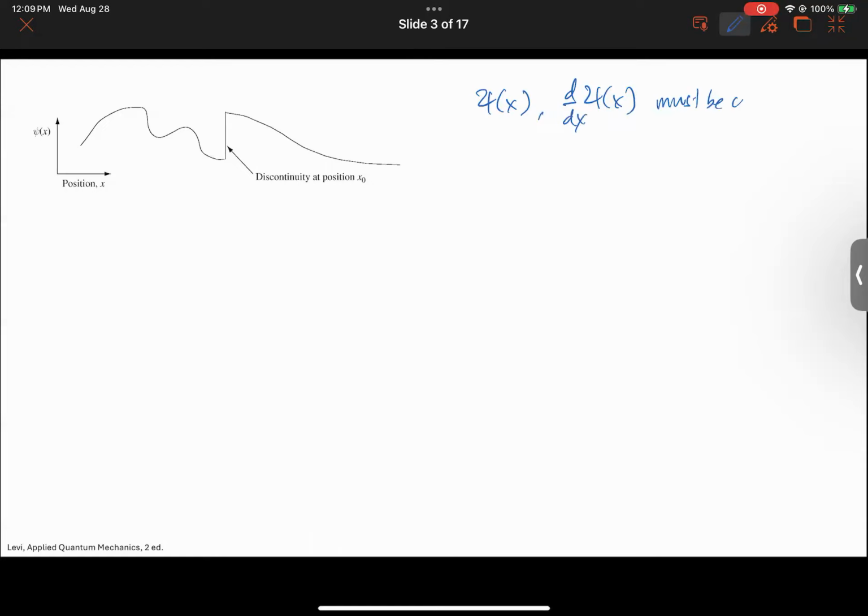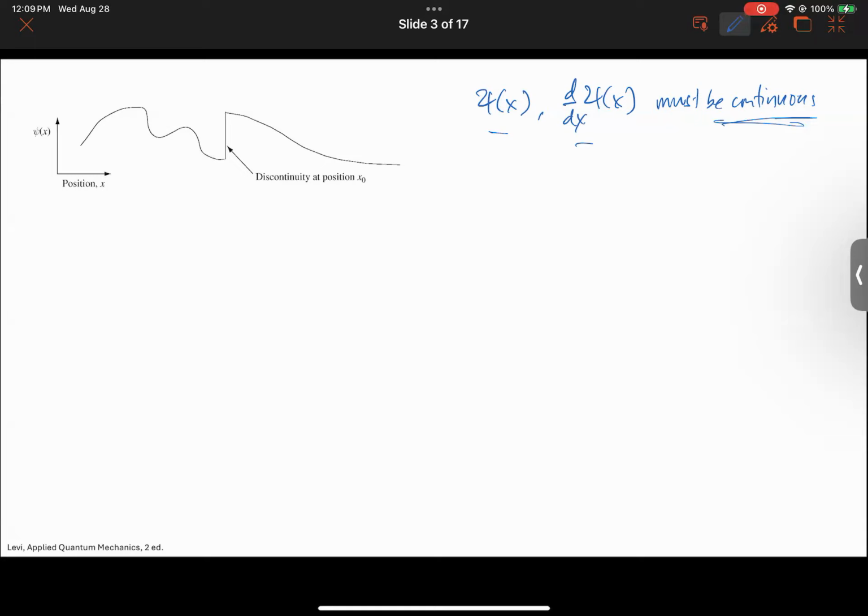Now I'm writing here the wave function in one dimension tsaka yung derivative in one dimension only because yung derivation na gagawin natin is easier to do in one dimension. Pero regardless kung ilang dimensions yung pinag-aaralan, the wave function and its first derivative must be continuous.